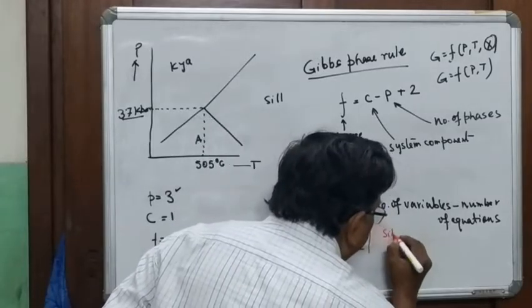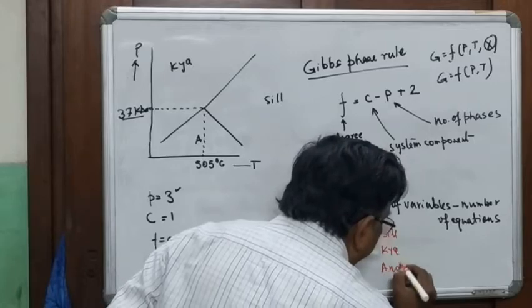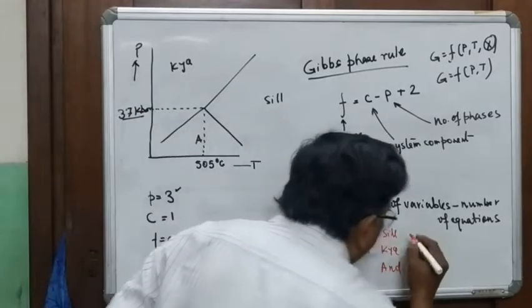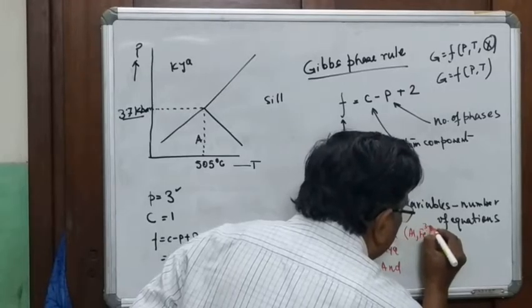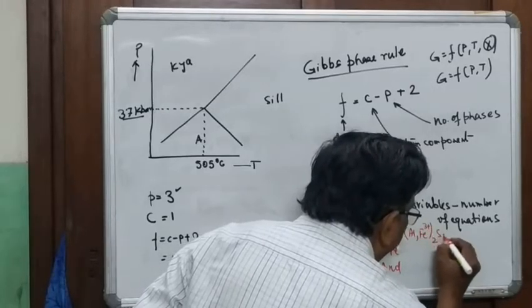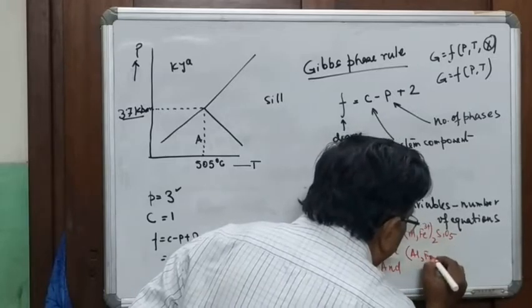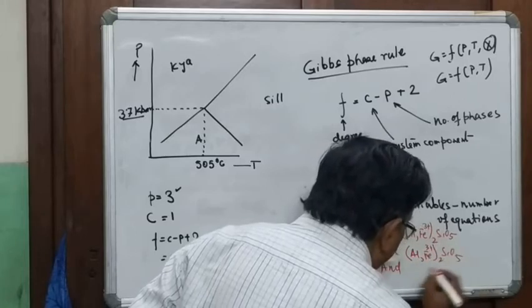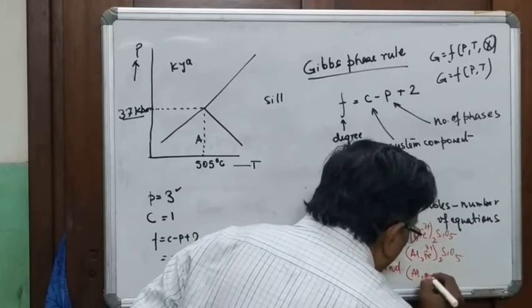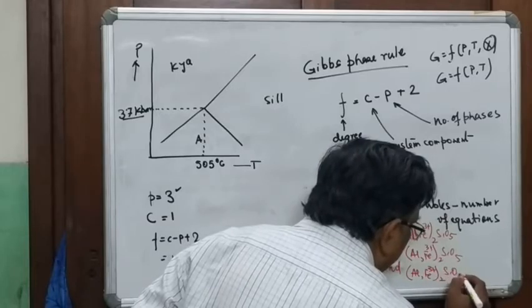So your sillimanite, kyanite, and andalusite, if you are looking at a high pressure rock, then it contains Al, Fe. Remember, this is trivalent. Kyanite: Al, Fe 3+, whole twice, SiO5. And your andalusite is Al, Fe 3+, whole twice, SiO5.